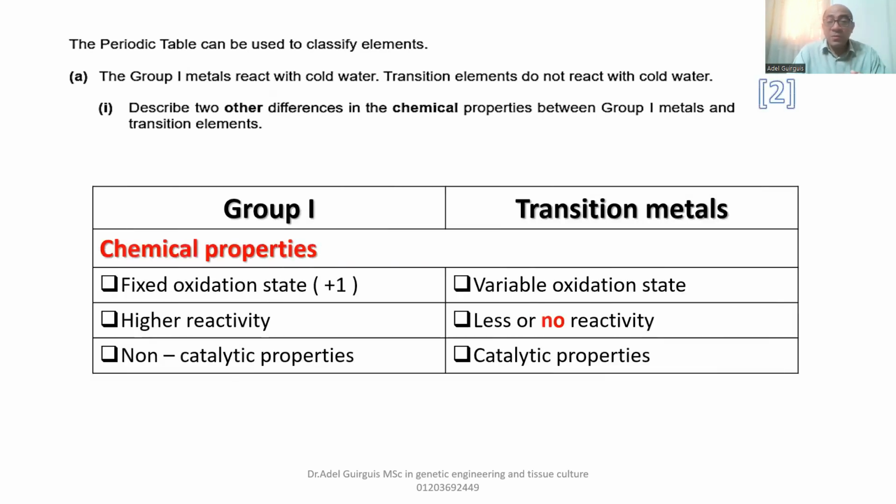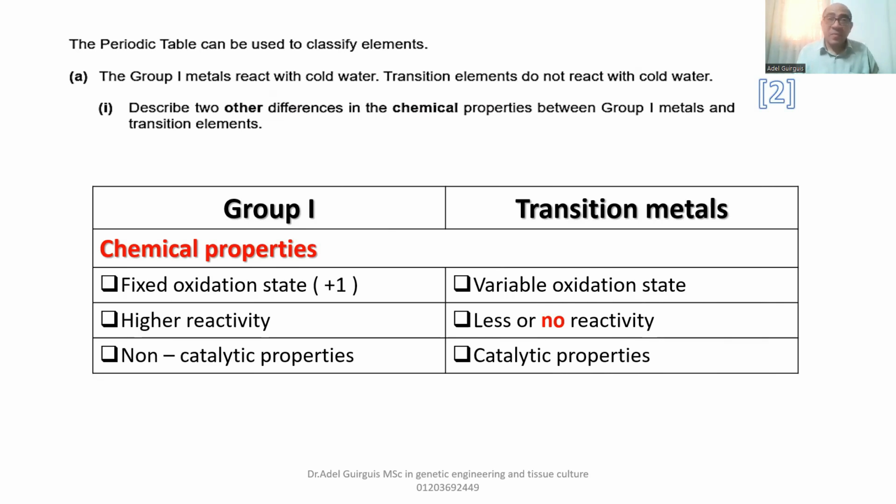Here, he asked about chemical properties, not physical. So group 1 metals all have a fixed oxidation state of positive 1. When they react, they tend to lose 1 electron. So their oxidation state is positive 1.